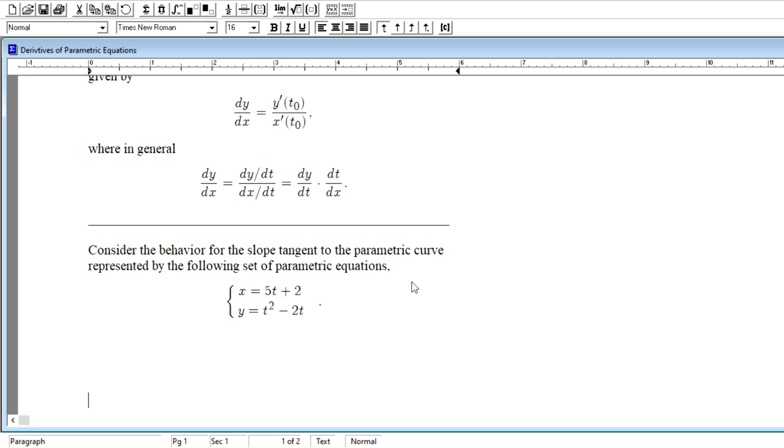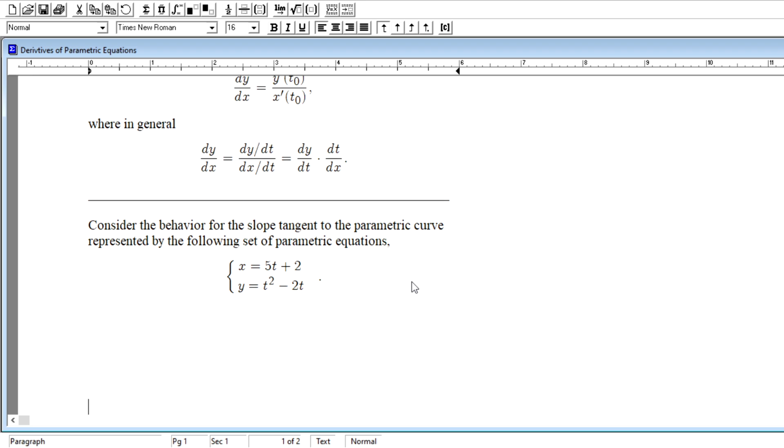In this particular case, x of t is equal to 5t plus 2, y of t is equal to t squared minus 2t, and what we're going to need in the slope description is the derivative of these two quantities. The derivative of 5t plus 2 is simply 5. And the derivative of y with respect to t is going to be 2t from the first term minus 2 from the second.